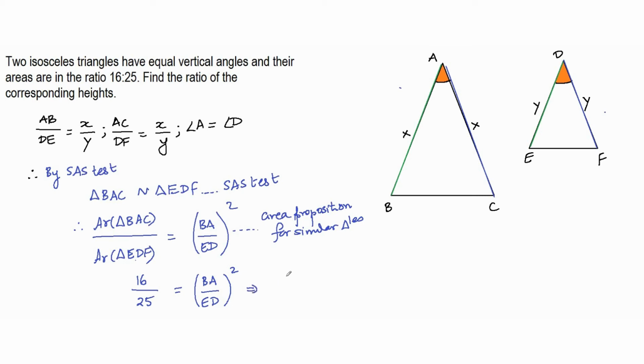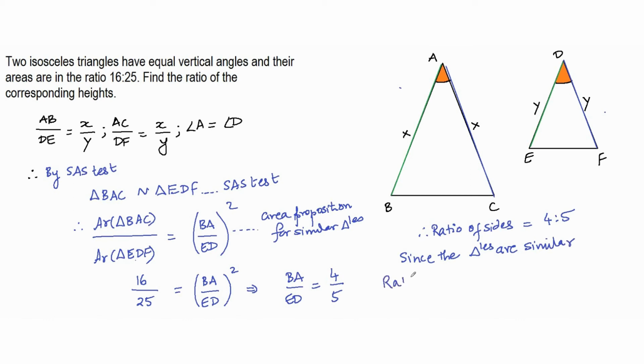Therefore, this implies that BA upon ED is equal to 4 upon 5, taking the square root on both sides. And therefore, the ratio of sides of these triangles is 4:5. And we know that since the triangles are similar, the ratio of their sides is going to be equal to the ratio of their corresponding altitudes.